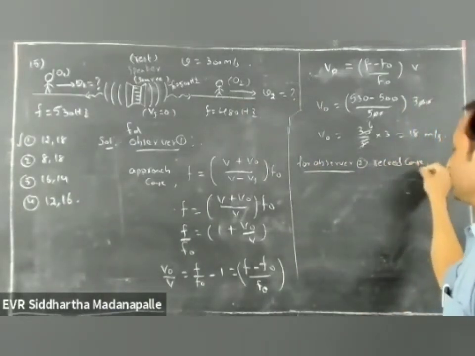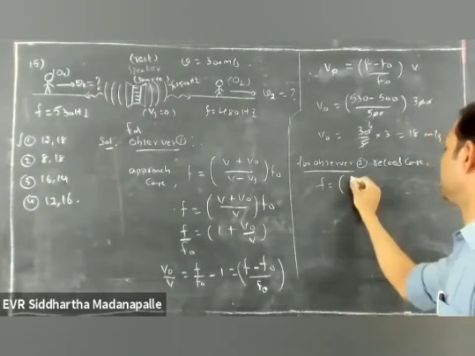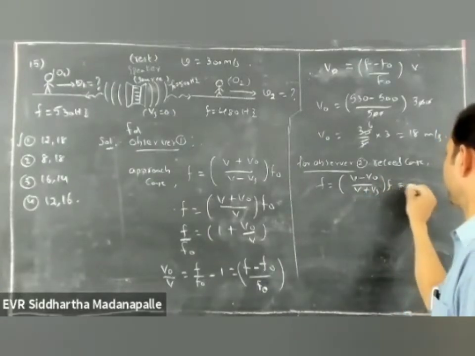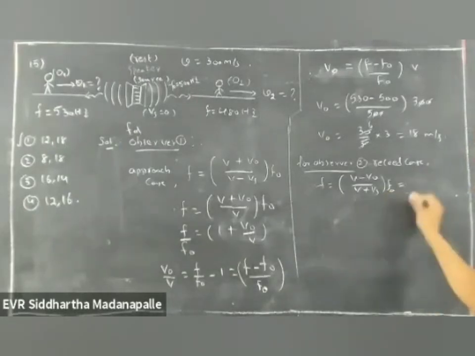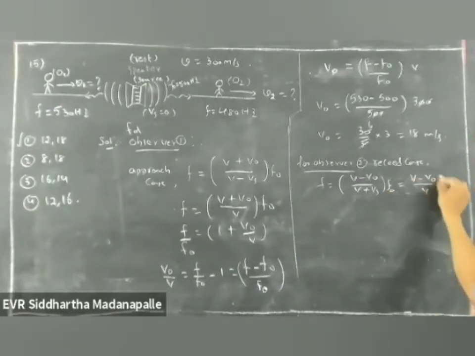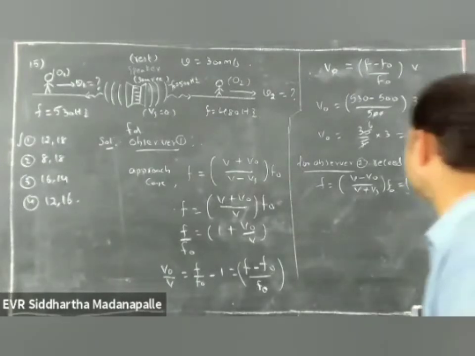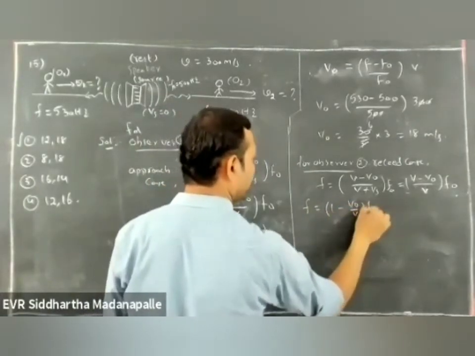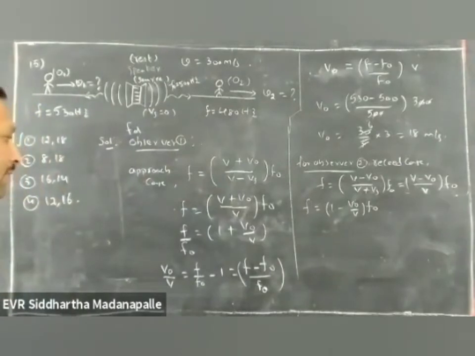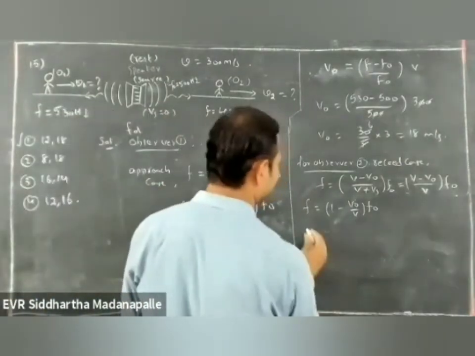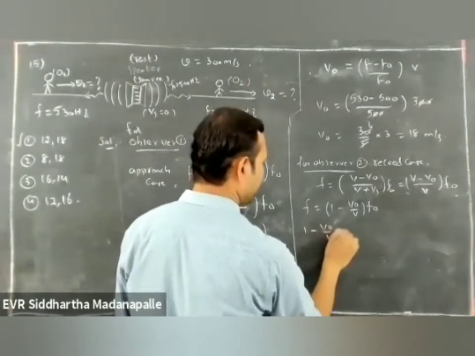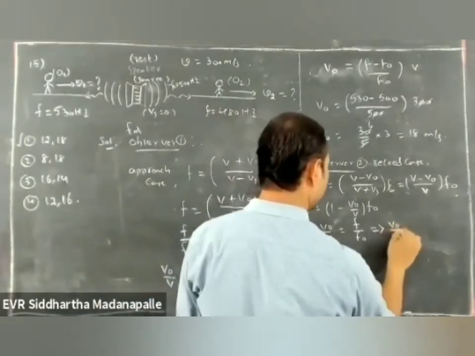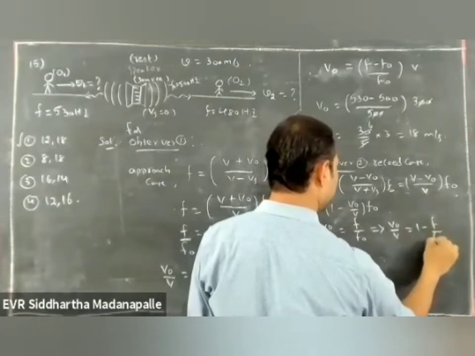Observer 2 is the recede case, which means the lower sign: F is equal to F naught into V minus V naught by V plus Vs. Source is at rest, so F is equal to 1 minus V naught by V into F naught.